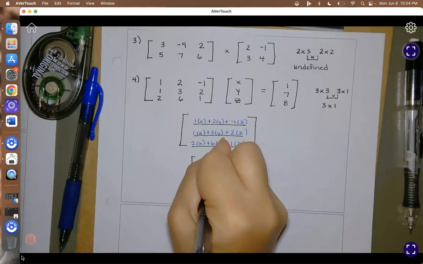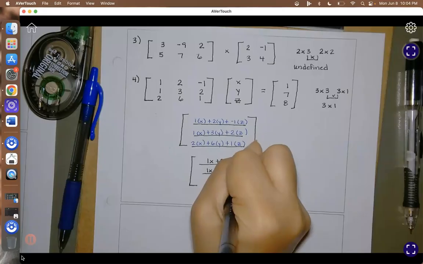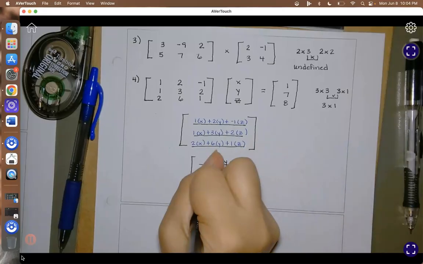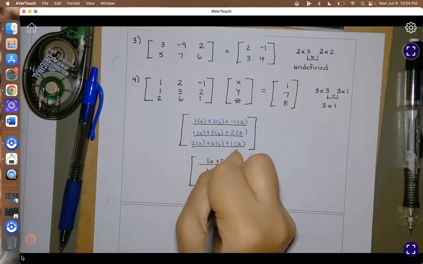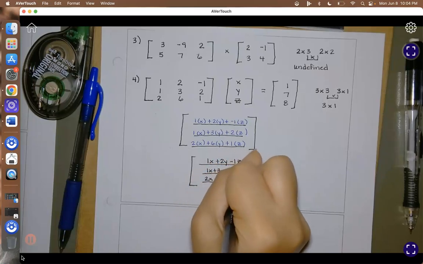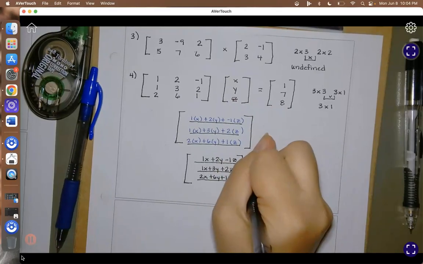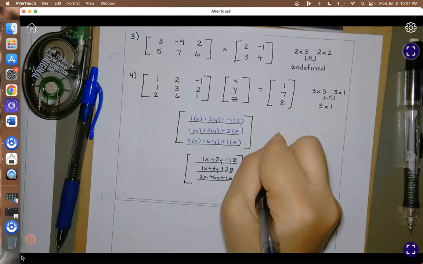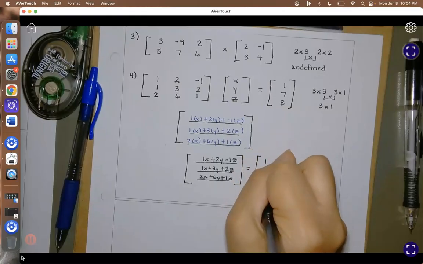This is 1x plus 3y plus 2z. This is 2x plus 6y plus 1z. Okay, and you're like, well, what are we supposed to do with that now? Well, it says that it equals 1, 7, and 8.